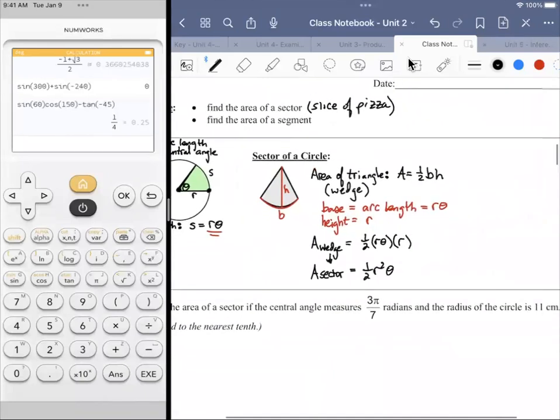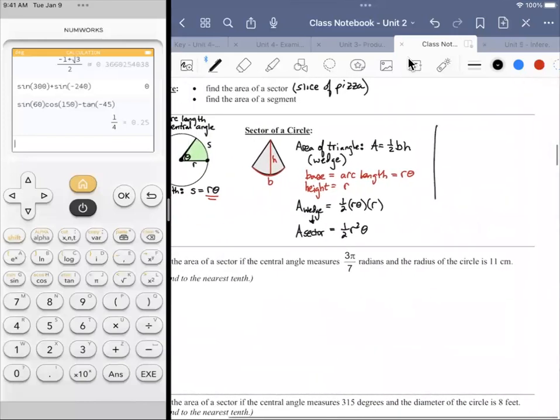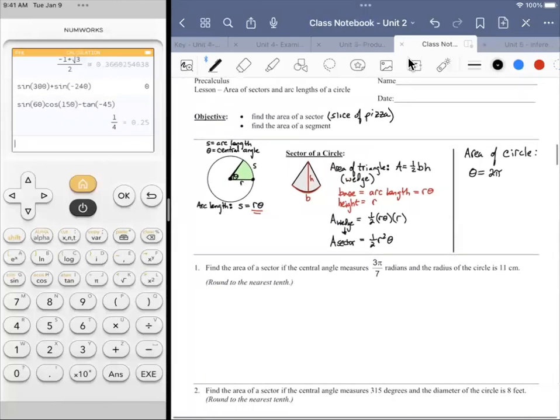I just like to give you a little background for where these things come from. And just as a demonstration, the area of a circle. Now we know that its area is equal to pi r squared, but if I use my sector formula, theta has to be equal to 2 pi, because if I'm starting at 0 and I sweep through, let's say, this tiny little sector here, that might be a theta value of pi over 3.